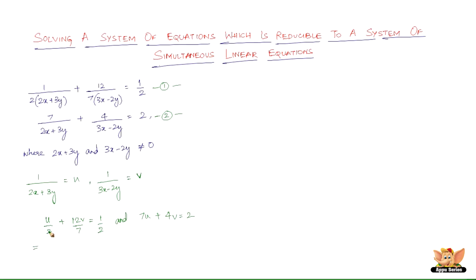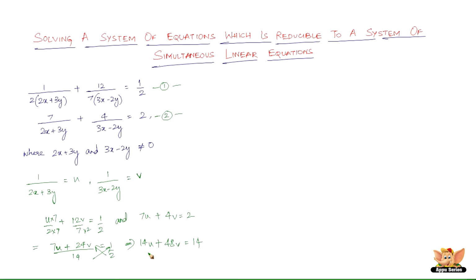Taking the LCM, this is 14, so you multiply 7 here and 2 here. Therefore, this becomes 7u plus 24v divided by 14 equals 1 by 2. Cross multiplying, you get 2 times 7u is 14u plus 2 times 24v is 48v equals 14.